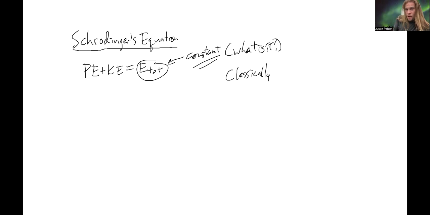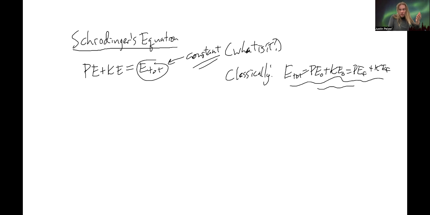You would say, okay, E total is the initial potential energy plus KE initial, or final plus KE final, whatever. So you're going to get it from that information. So it depends on the information you have.